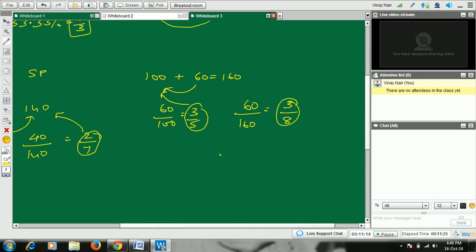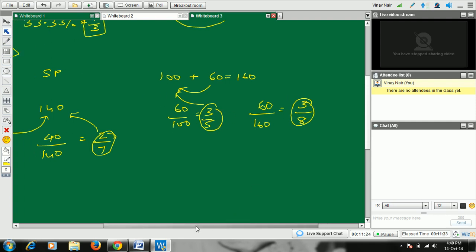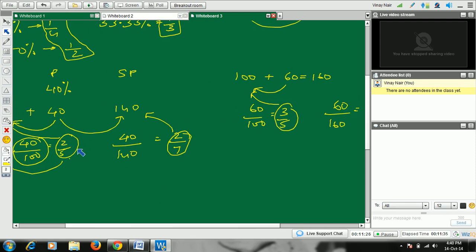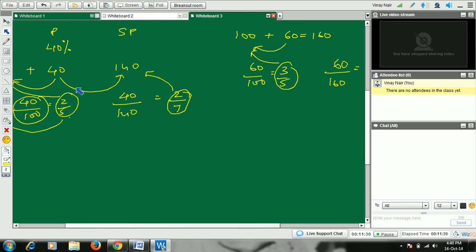Again we have an interesting observation, that is, when the profit is 3/5 of the cost, it is 3 by 8 of the sales. When it is 2/5 of the cost, it is 2/7 of the sales. So can we say when the profit is A by B of the cost, it will be A by A plus B of the sales, right?